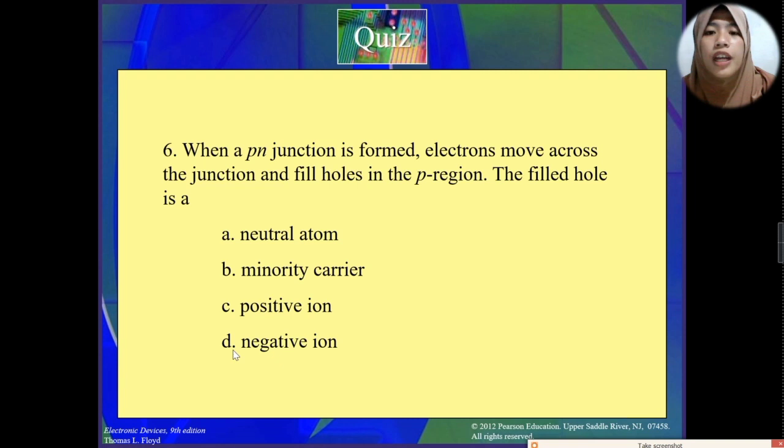So, we will create a layer of negative ions, which we call the trivalent ion. So, the answer here is letter D.